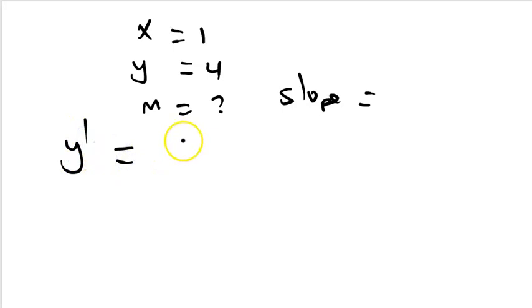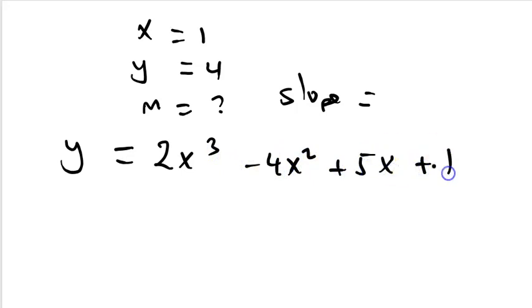Before I do that, let me rewrite the equation so that you can see clearly. So we have the equation as 2x cubed minus 4x squared plus 5x plus 1. And we want to find y prime, which is the derivative of this equation. In order to find the derivative, what we have to do is bring this power down and multiply with the coefficient of x cubed.